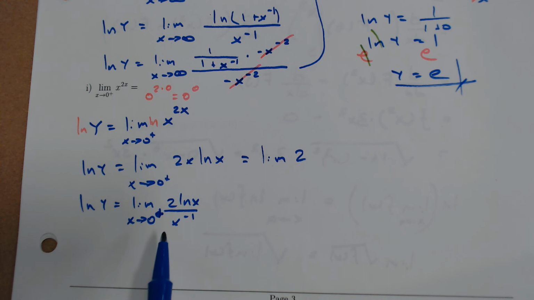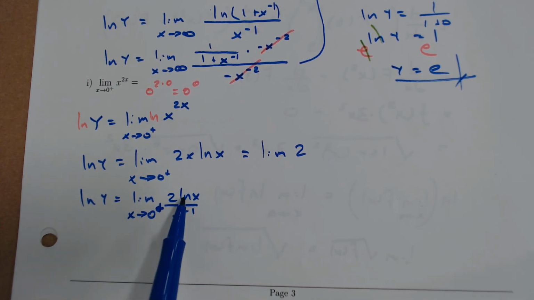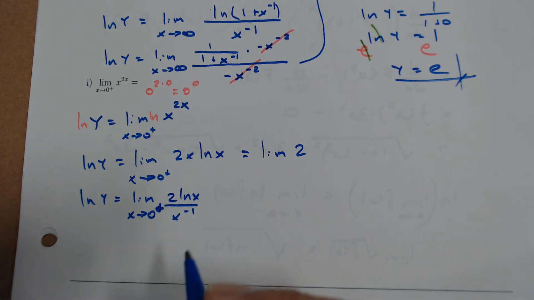So what happens if we try L'Hopital's rule? Let's see if we can apply it. Let's plug in. What's ln of 0 from the right? And what's x to the negative 1 from the right? Some of you put a 0 for the denominator. Let's have a look at this one separately.